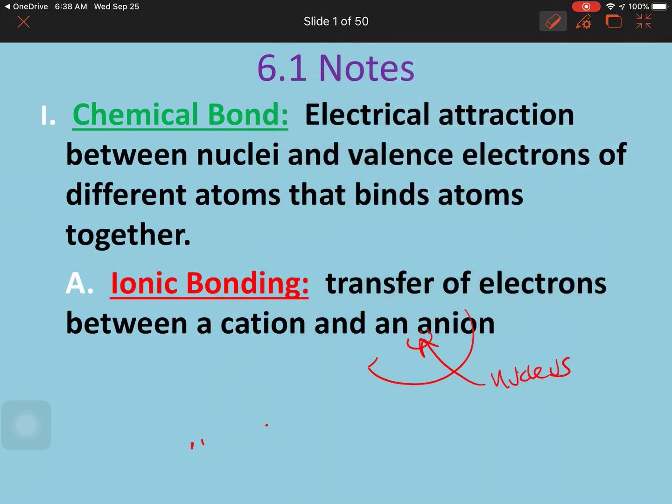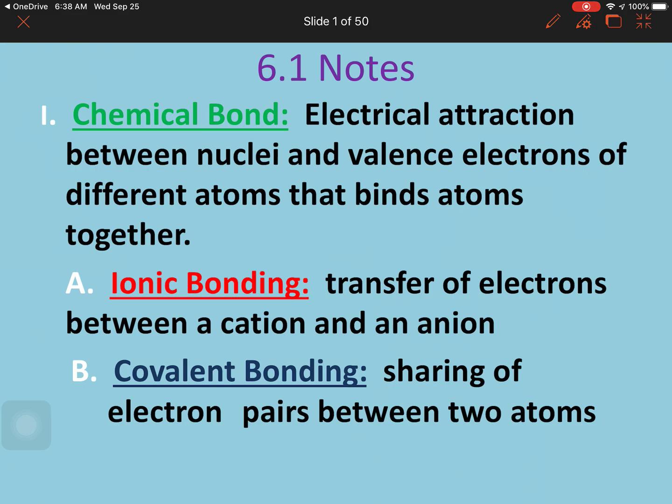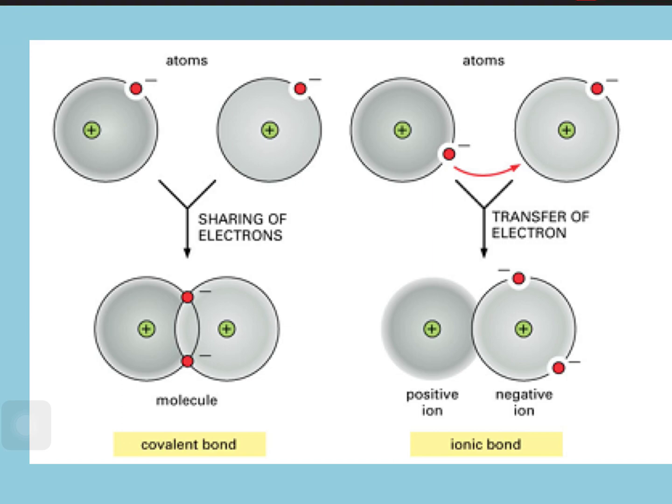So ionic bonding is a transfer of electrons between a cation and an anion. And covalent bonding is the sharing of electron pairs between two atoms. So here is a picture of a covalent bond versus an ionic bond. On the left, you have a covalent bond where you are sharing your valence electrons.